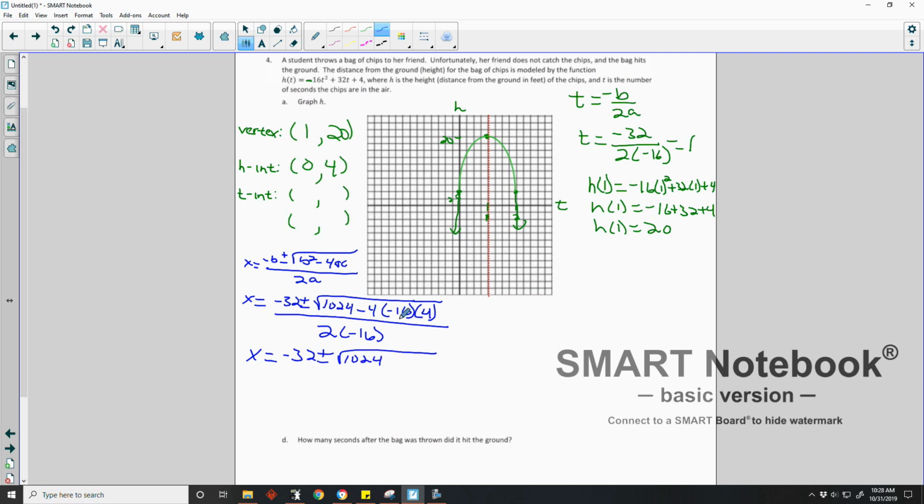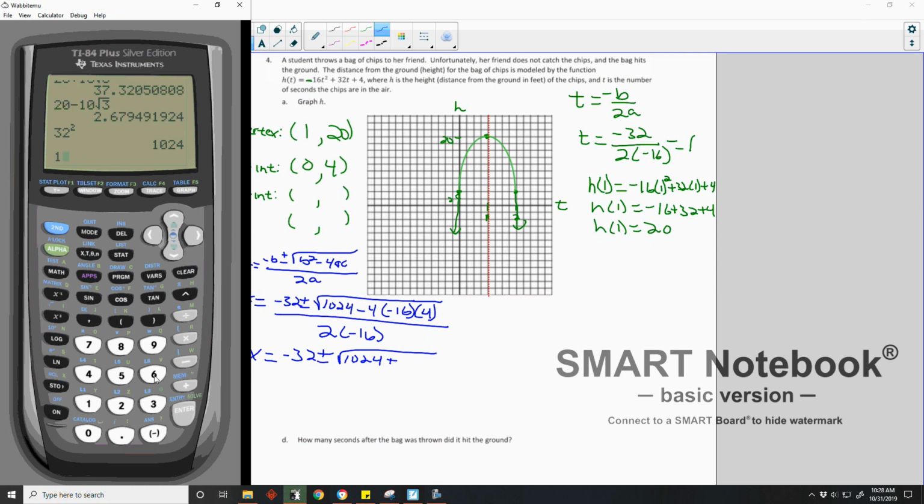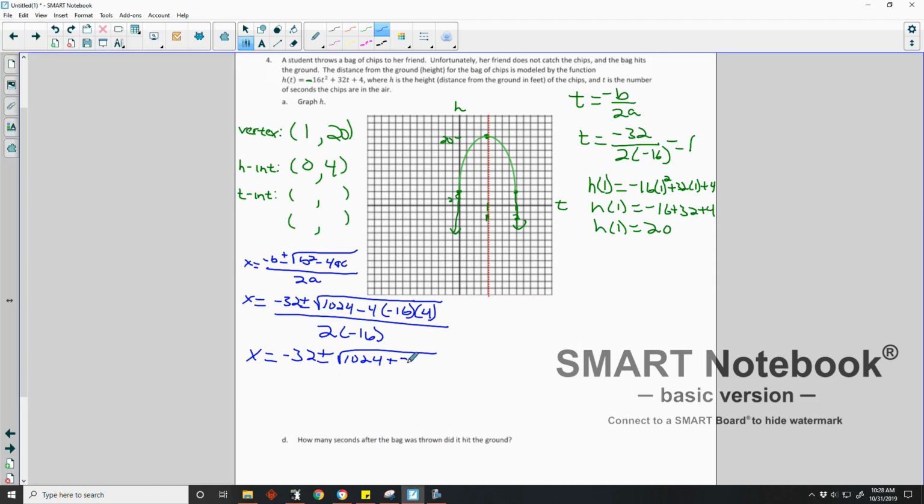And now a negative times a negative is positive, times another positive is still positive. And 4 times 4 is 16, and 16 times 16 is 256. Divided by 2 times negative 16, which is negative 32.